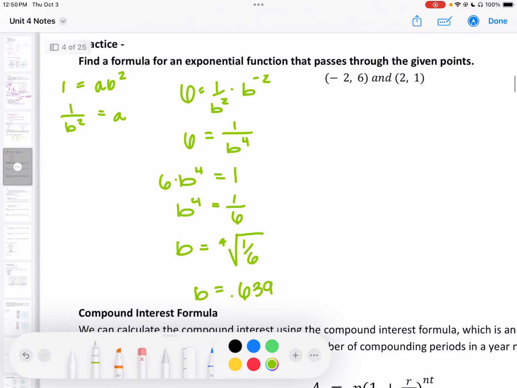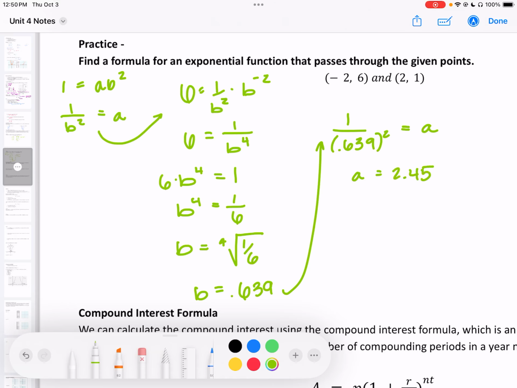That I can plug into my original and solve for a. And a is going to equal 2.45. That gives me the equation 2.45 times 0.639 to the power of x.